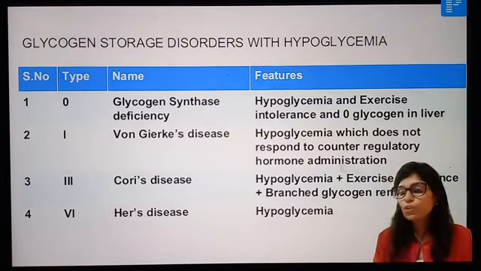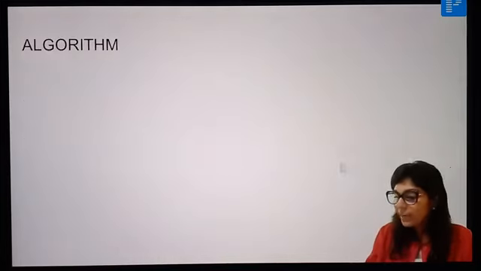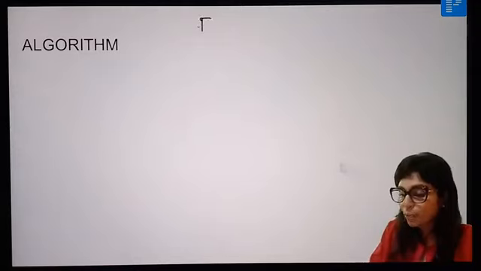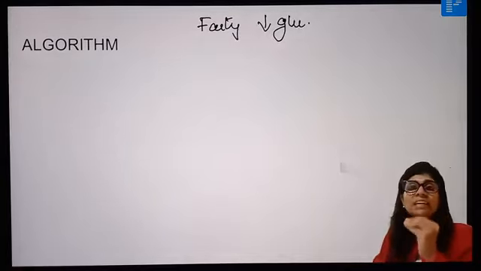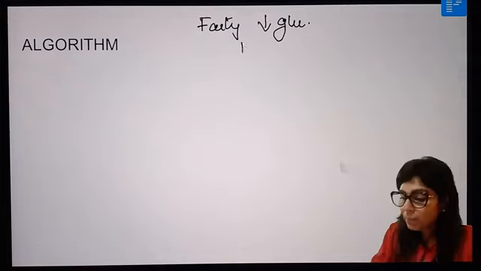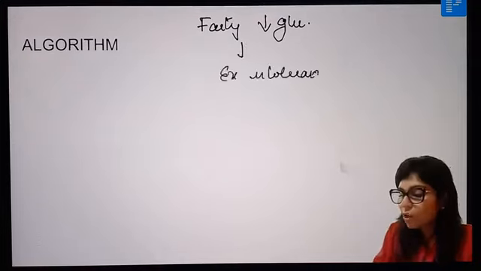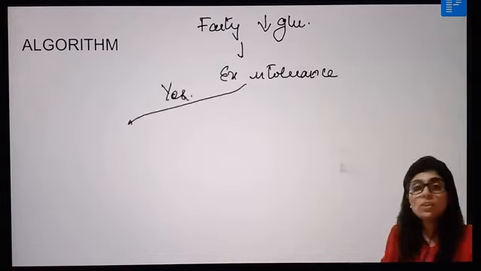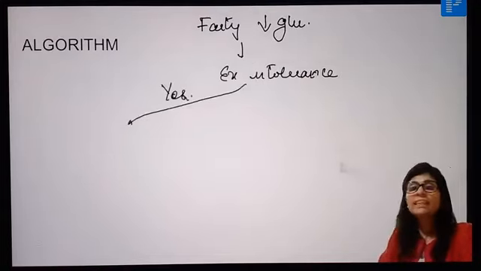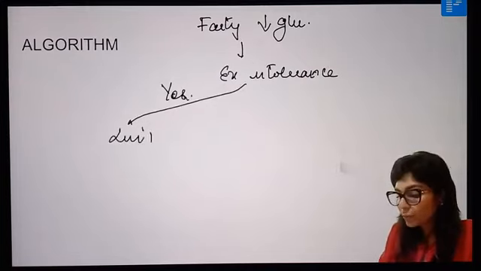Got it? So if you ask me for an algorithm, whenever there is fasting hypoglycemia, say a child presenting with fasting hypoglycemia, how will you make a diagnosis? Step number 1, find out if there is exercise intolerance also. So what if there is exercise intolerance as well? Then you take a liver biopsy.